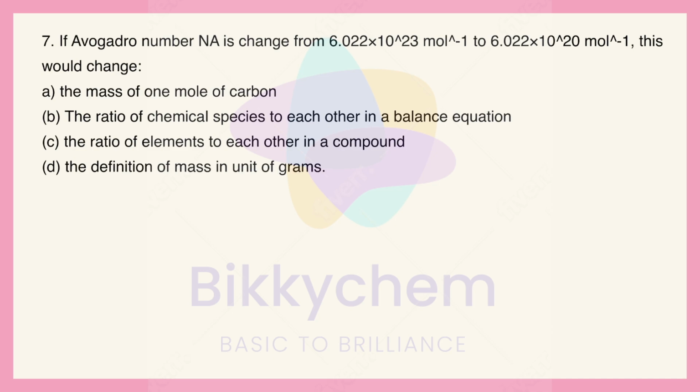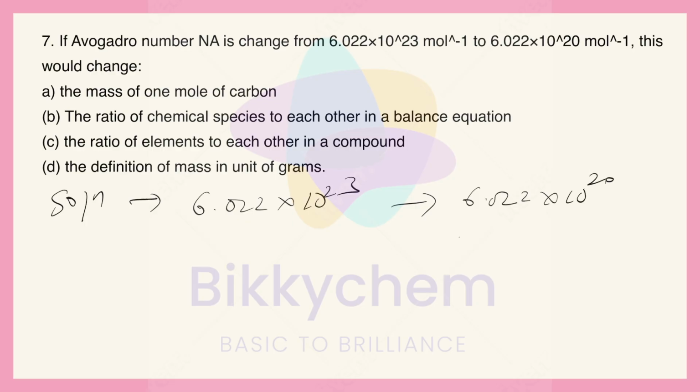During these changes, we see that there is a change in the number of particles, from 10 to the power 23 to 10 to the power 20. So the number of particles is changing, so that's why the mass of 1 mole will also change.